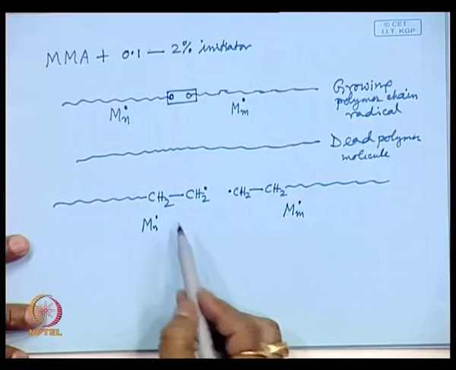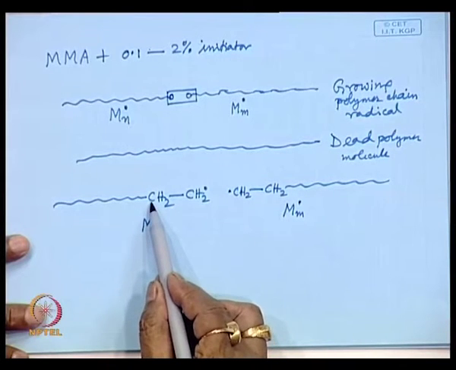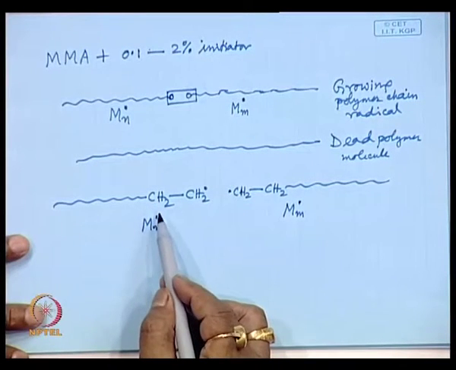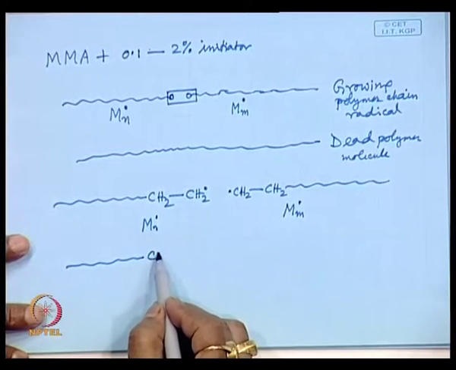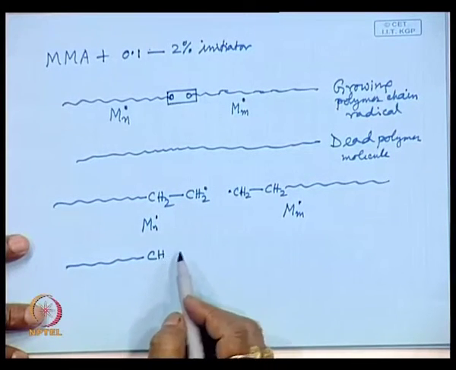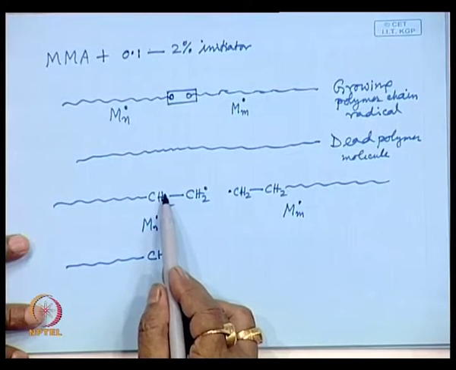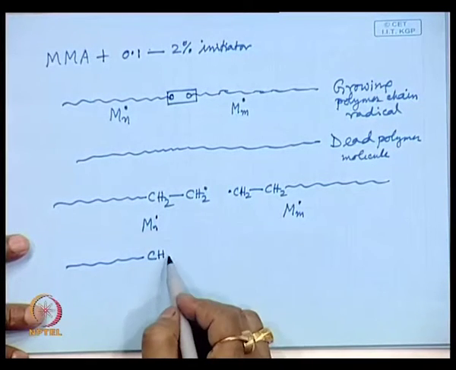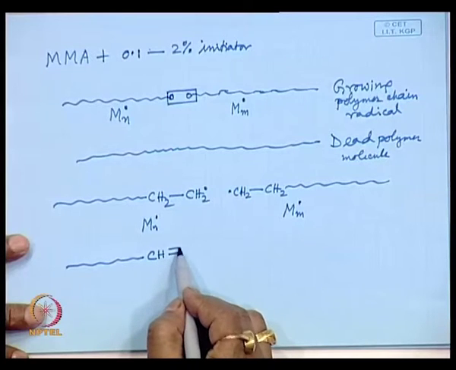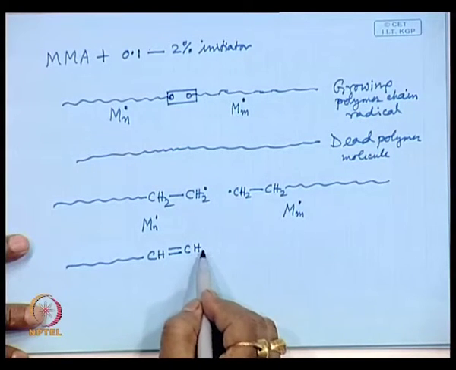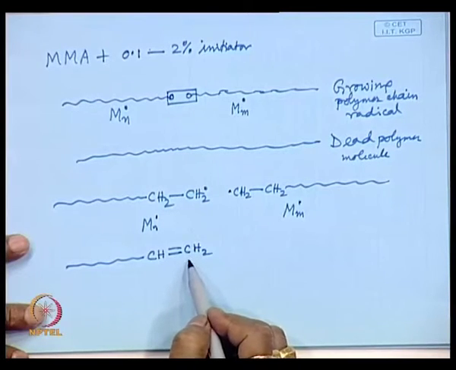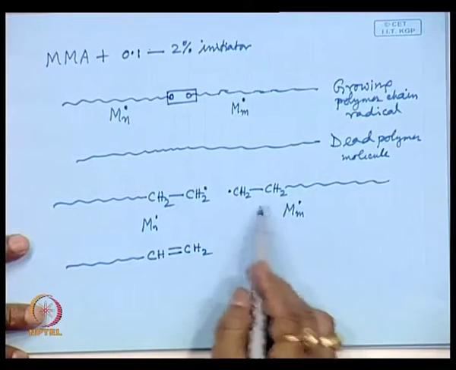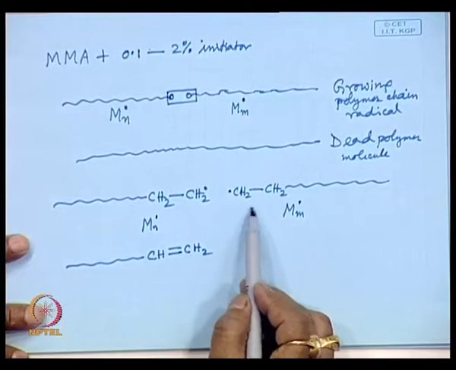This dot can abstract one hydrogen from this carbon. If it does that, a radical will be created here, a pi bond will be created over here, and there is no longer any free radical present.